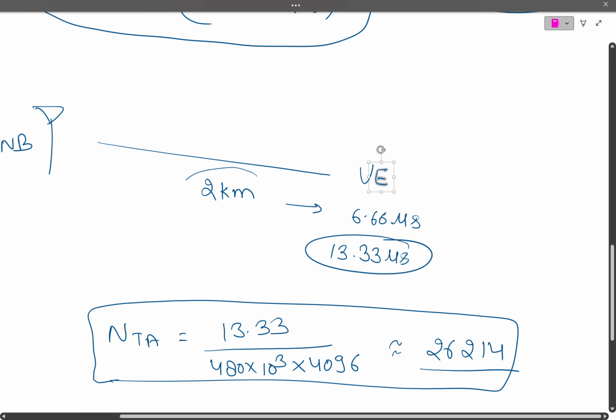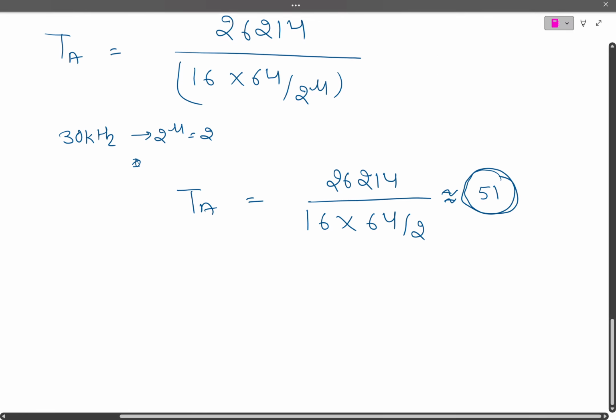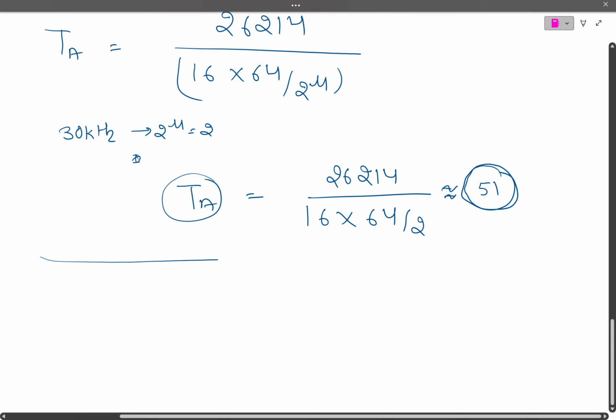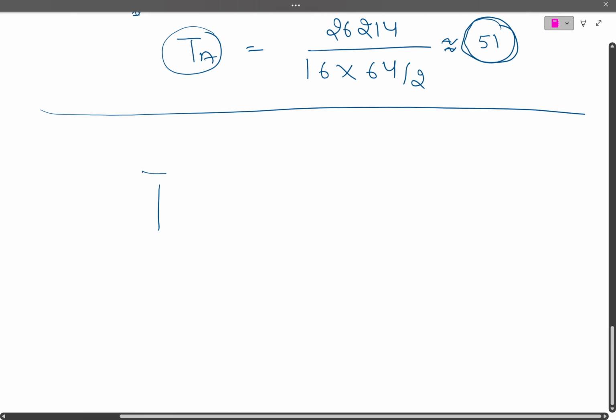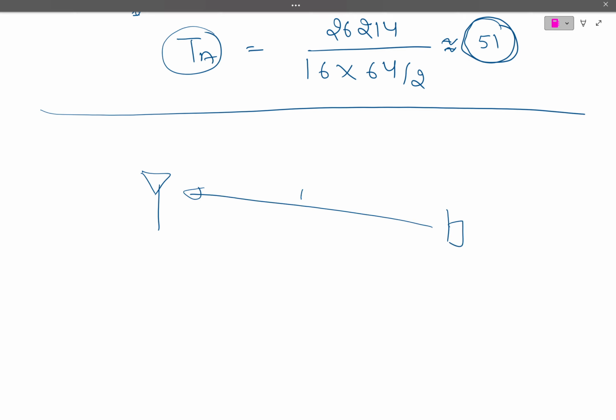Okay, so the gNodeB sends this number 51 for this delay, when the UE is 2 km and the round trip delay is 13.33 microseconds. Then this is the number that gNodeB sends.